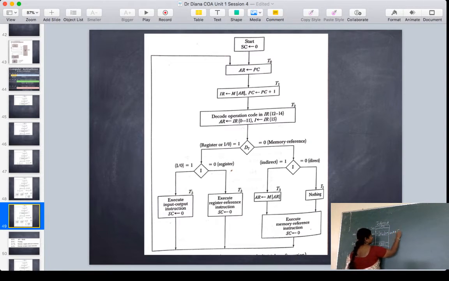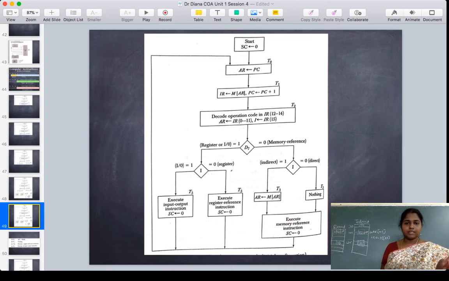But I want to access this location in the next task flow. So at the address register, I am going to read this particular memory location, and this value I am saving into the address register. Is that clear till here?